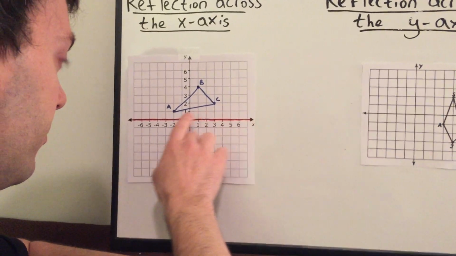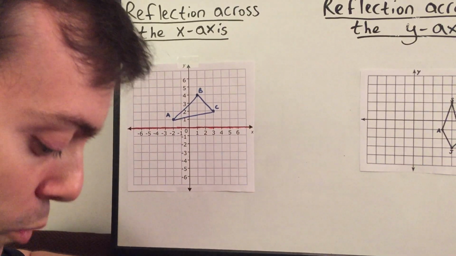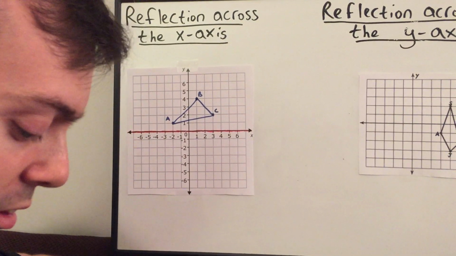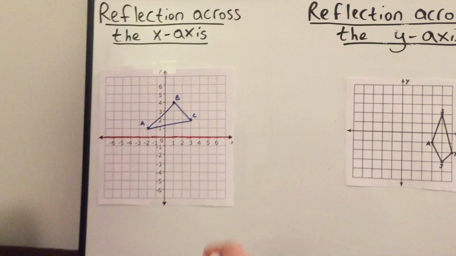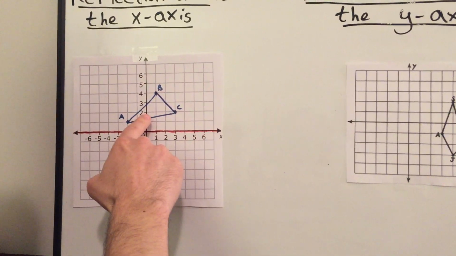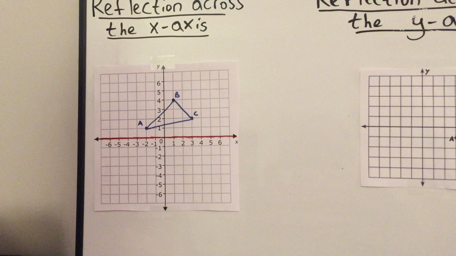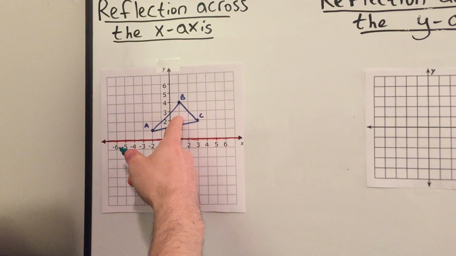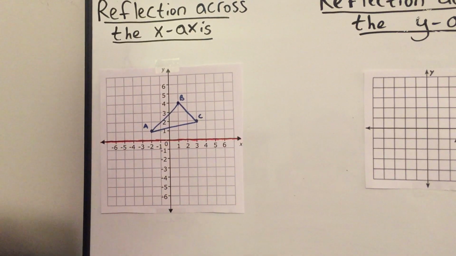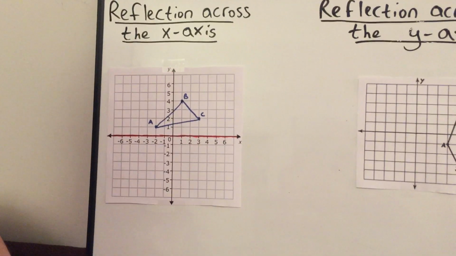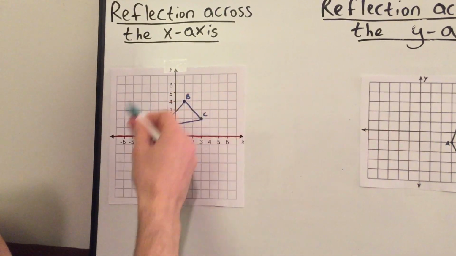And so, in this case, what we're going to do, and let me get a different color, let's say green, we're going to reflect this triangle across our x-axis just as if it was my finger reflecting in the mirror. Now, an easy way to approach reflection is just pick a point to start with.